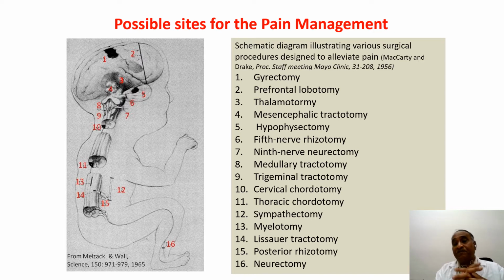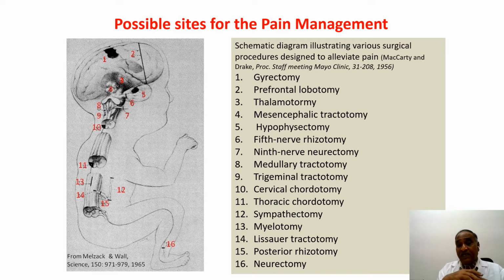Sympathectomy was practiced for relieving pain associated with intermittent claudication arising from thromboangiitis obliterans or Buerger's disease. Myelotomy, that means the point of crossing is severed, that is the midline sectioning, so that the pain fibers do not cross to the opposite side and will not ascend into the lateral spinothalamic tract.